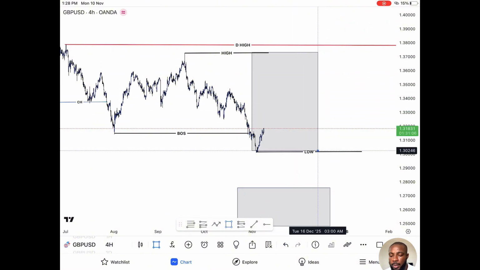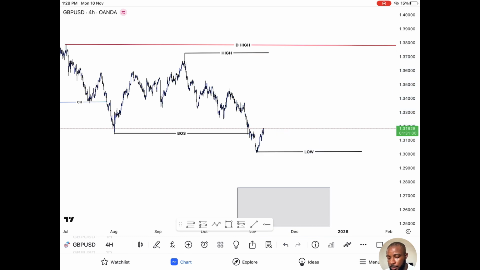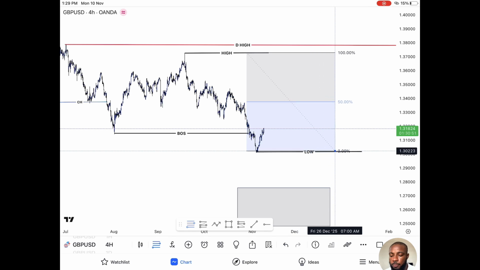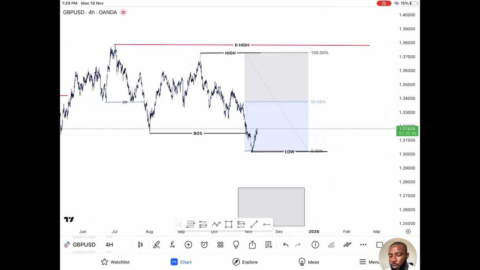Now we'll also apply the concept of premium and discount in this analysis. On the 4 hour, we'll place our Fibonacci from the high to the low. Knowing that the 4 hour is bearish, we want to be selling, but price is currently in the 4 hour discount area, and you don't want to be selling at a discount.